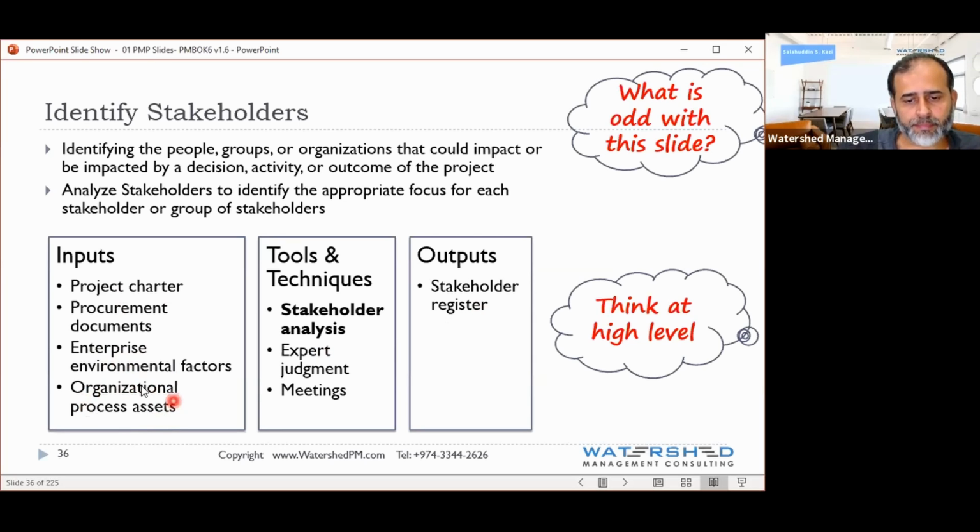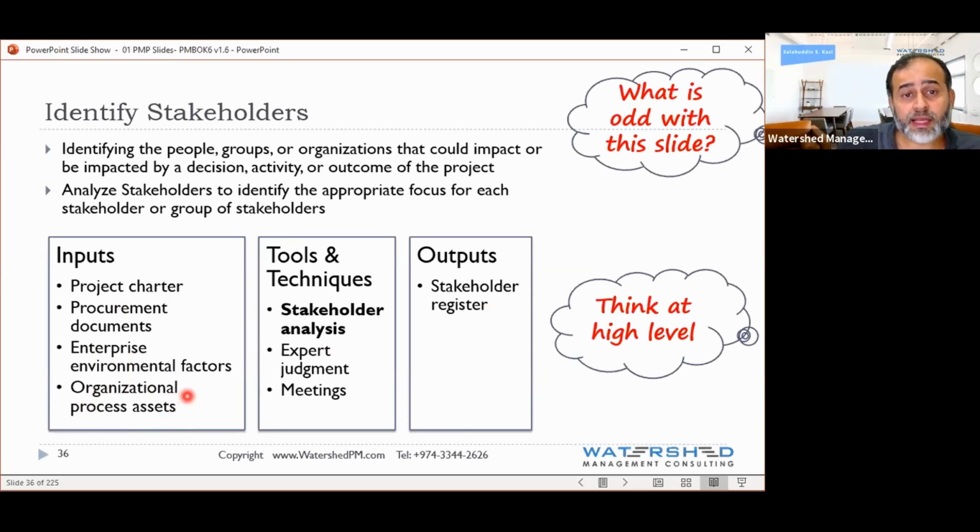Maybe there's a process document that forces you to engage three departments in your company: quality management, safety management, environment. Then you already know the stakeholders, because of company policy. You get the idea?